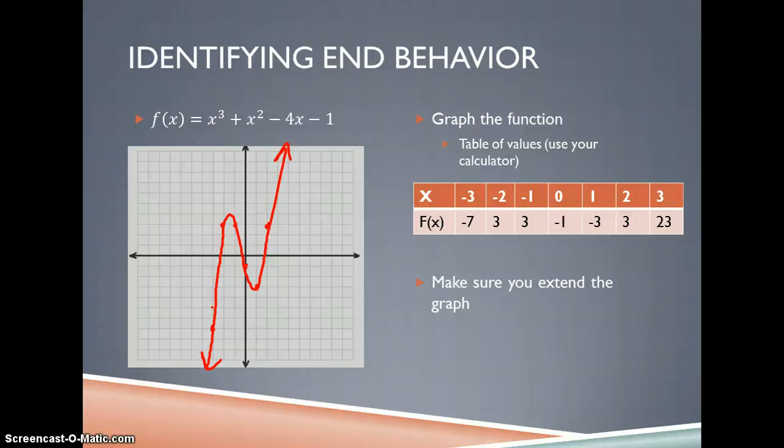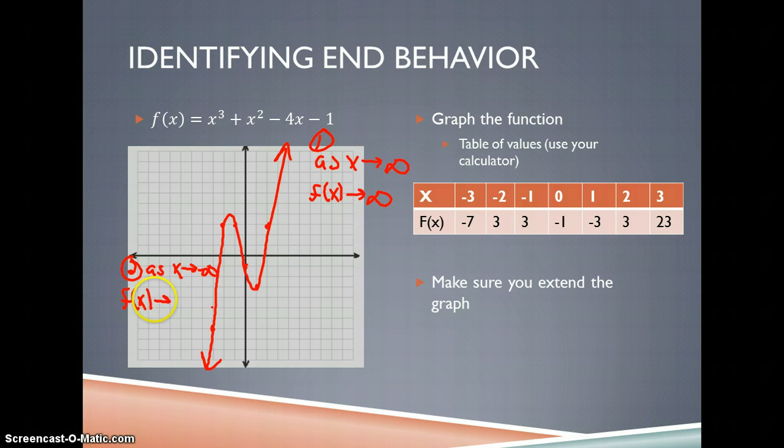What we're concerned about is the end behavior of the graph. So as x goes to infinity, as we go further and further out this direction, f of x also goes to infinity. So that's one thing you'll have to give here. The other thing is as x goes to negative infinity, these function values also go down.